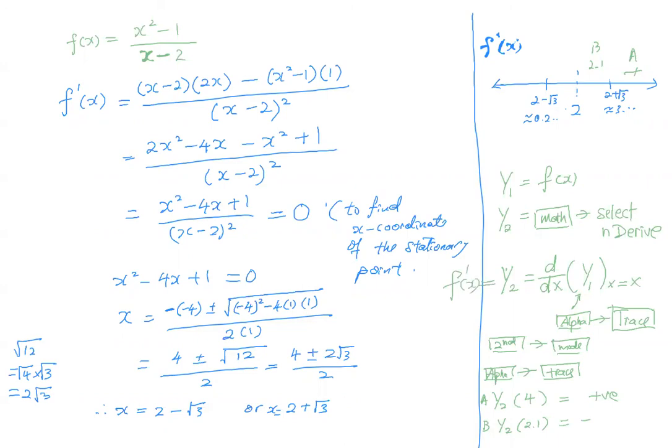You don't have to key in this function. Okay, so it's negative. So you got a negative sign. Same goes with here, negative. So for region C, you use y2, you key in between 0.2 and 2, so you key in 1.